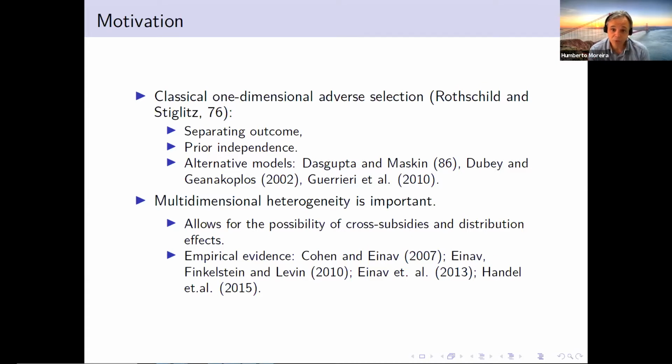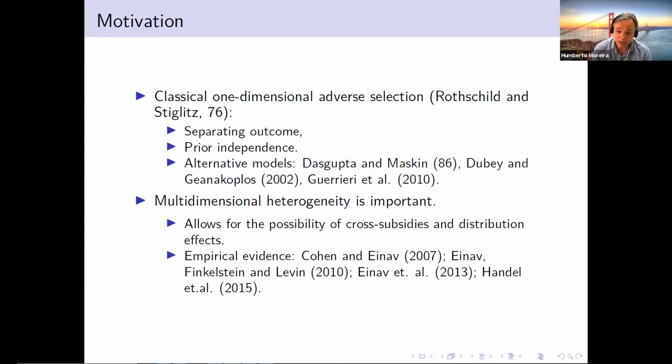If you go to the empirical literature, although this is not an empirical paper, you're going to see that there is a huge amount of very recent evidence showing that multidimensionality is very important. Just to give an idea, this paper by Cohen and Einav provides a structural model to estimate risk preferences from data on deductible choices in automobile contracts.